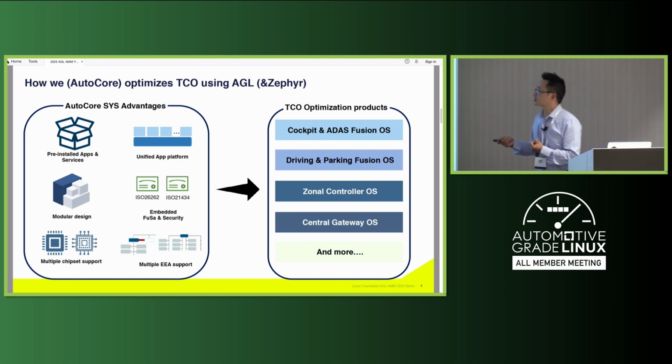What that means is that just having a solid base OS or BSP does not work for those SOP programs. You have to consider what it takes to get that controller integrated with the other controllers on the same EE architecture.